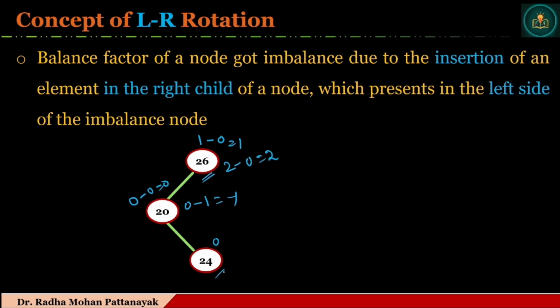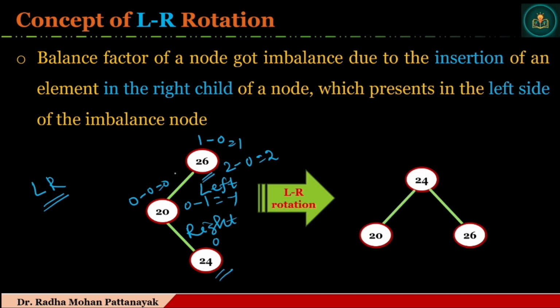Now after insertion of 24, the balance factor of 26 got imbalanced. So you need to make a turn. So find which side of 26 the node 24 is present in. That is left, then this is right. So what is the turning? Left-right turning. And as per the left-right turning, the lower node will become the root and you will turn the affected node into the right side of the root.